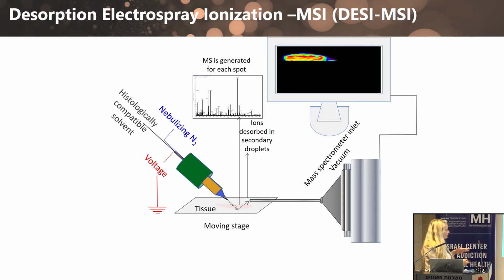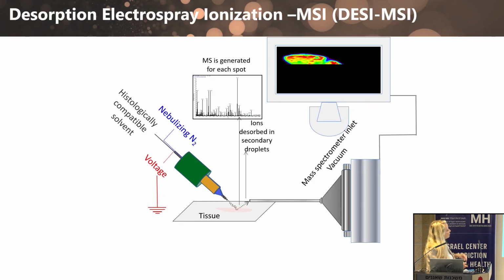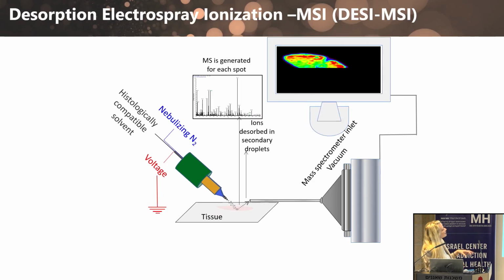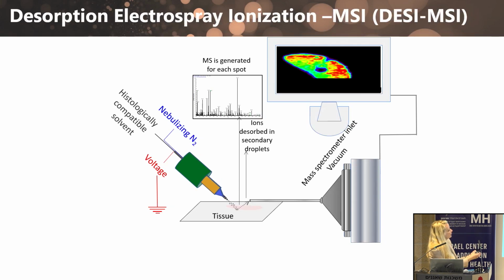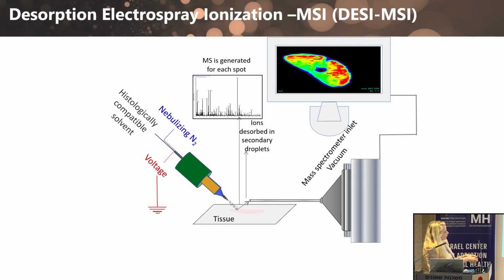So this is just a small animation. You have a tissue. It's not a brain tissue, but then you bombard it with your solvent of charged droplets. The splash of those droplets, you practically dissolve molecules from each and every place on the tissue, and then the splash of those droplets takes the analytes into a mass spectrometer.